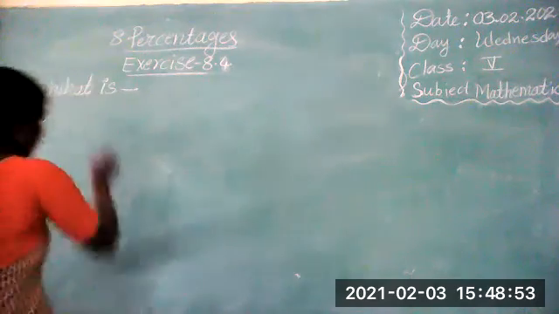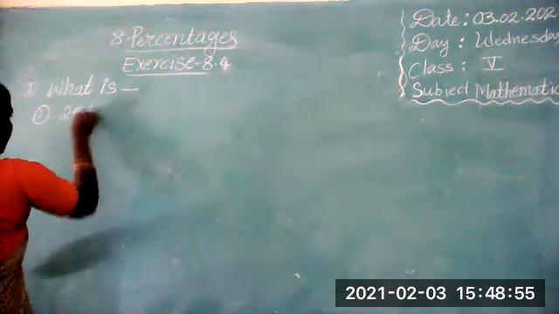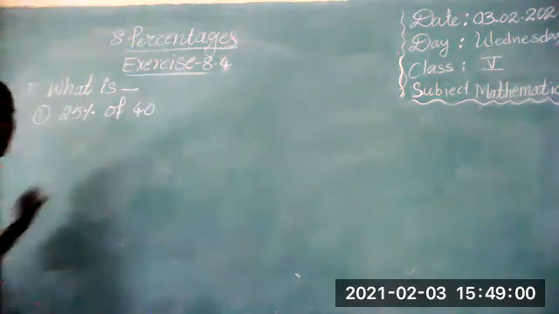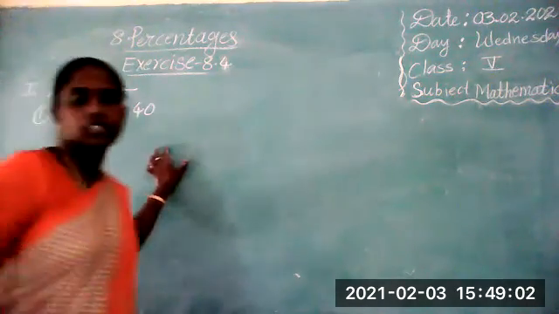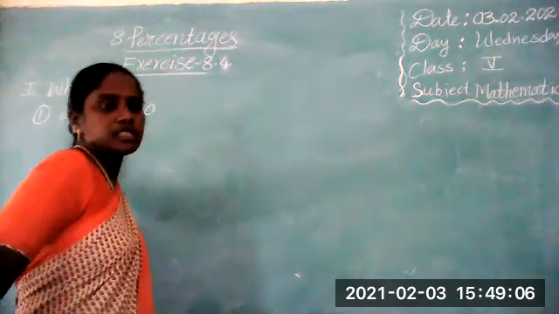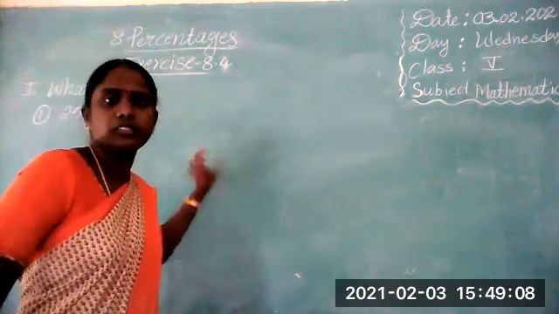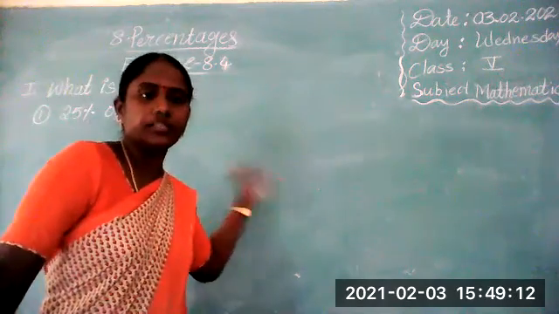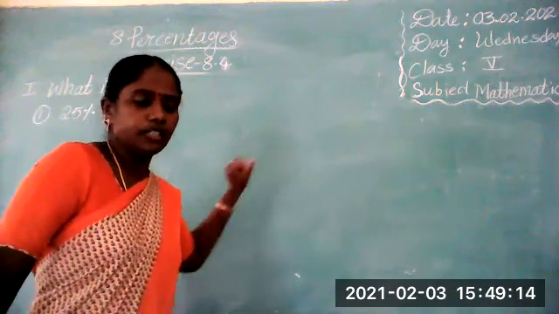25% of 40, we have to multiply. First, the percentage form is there here, 25%. 25% we have to write in fraction form, 25 by 100. 25 by 100 into 40.